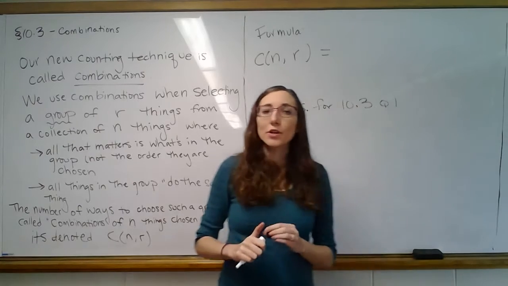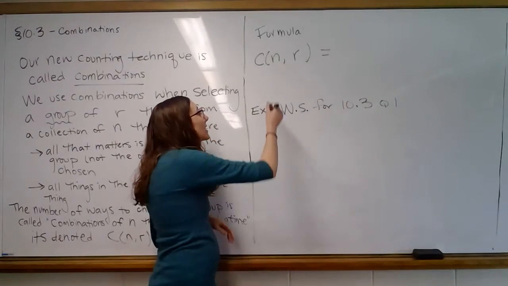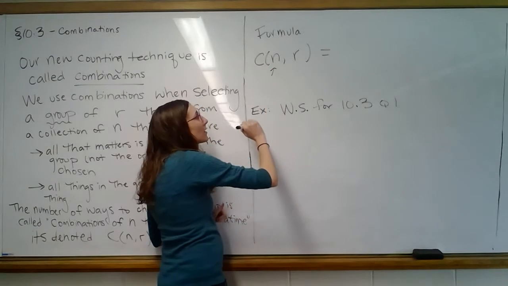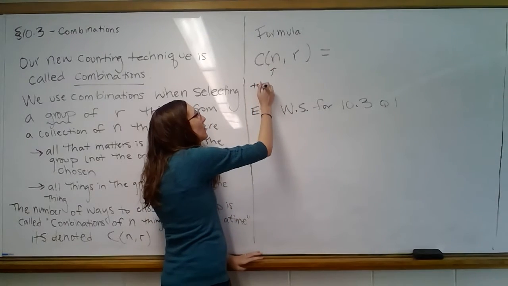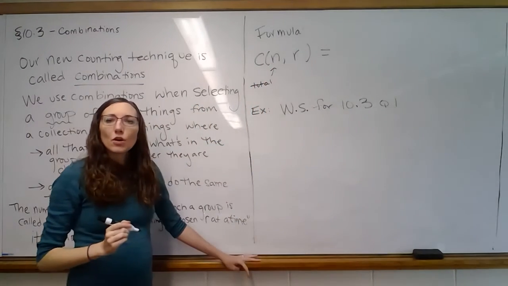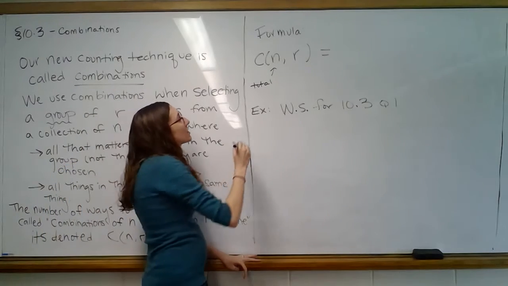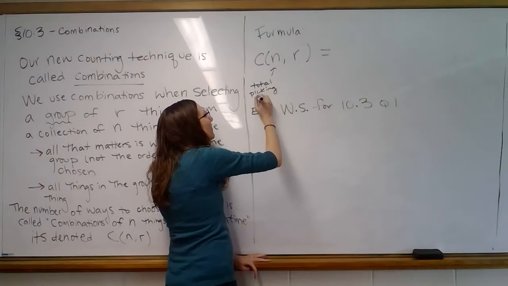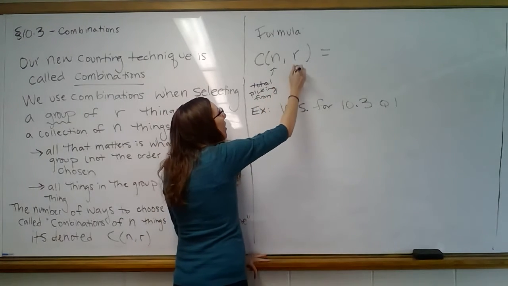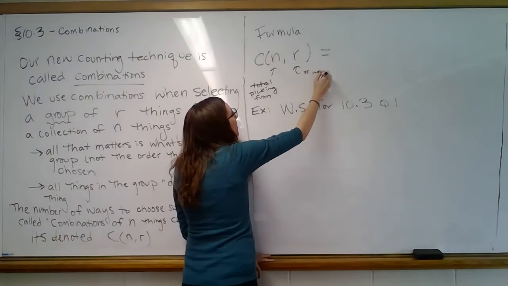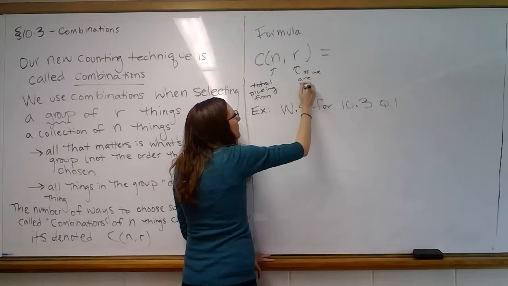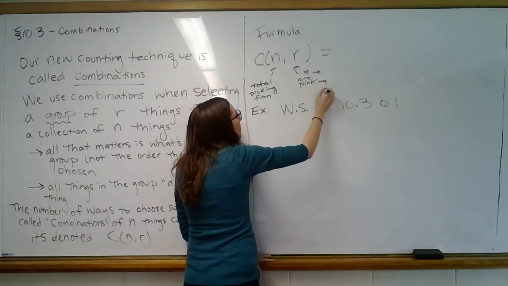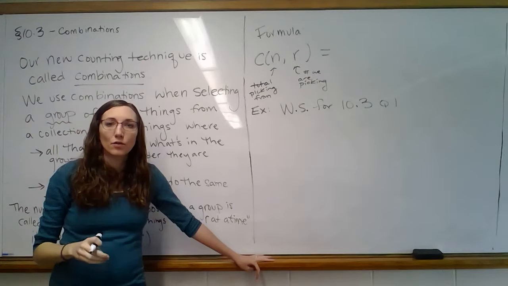So up here what we're going to do is learn a formula for that. A key thing to keep in mind with the order of it is N is the total. So the N, the number that comes first, is the total we're picking from. And then R is the number we are picking. It's how many things are in the group.